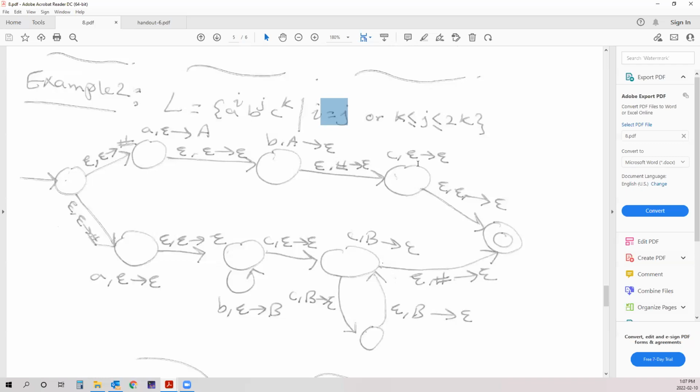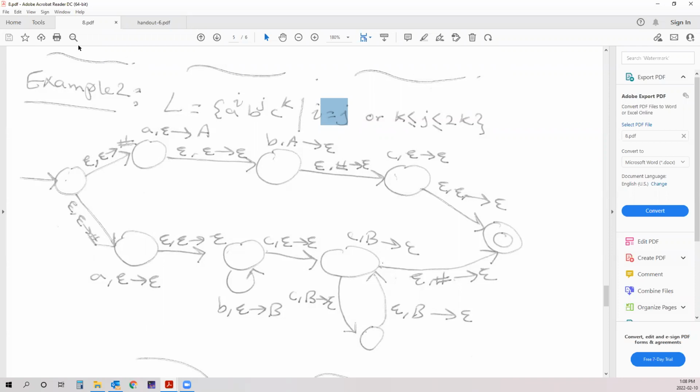Then with c, we keep epsilon. We don't care how many c's we have. Then we end and go to the accept state, which is almost the same, but we add the step of c, however many c's we have, I don't care. I just concentrate on the number of a's and the number of b's.